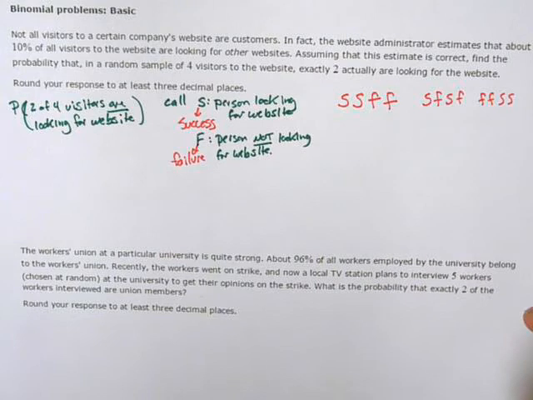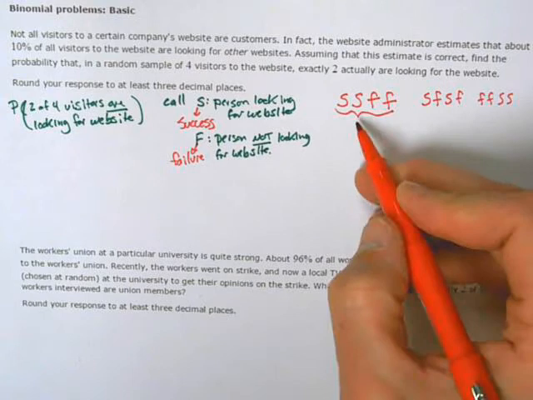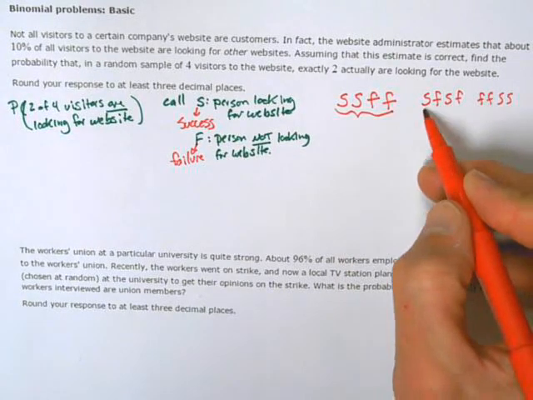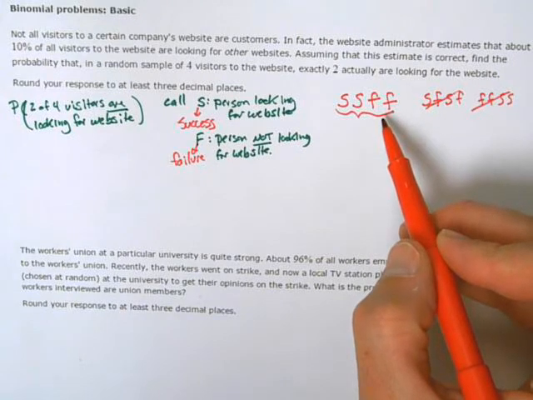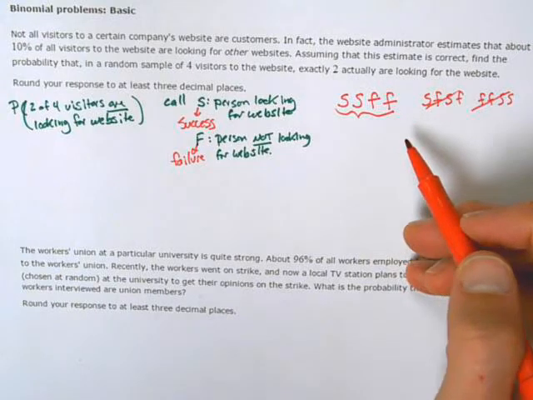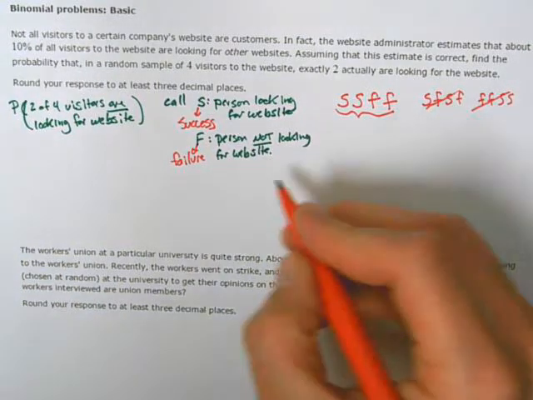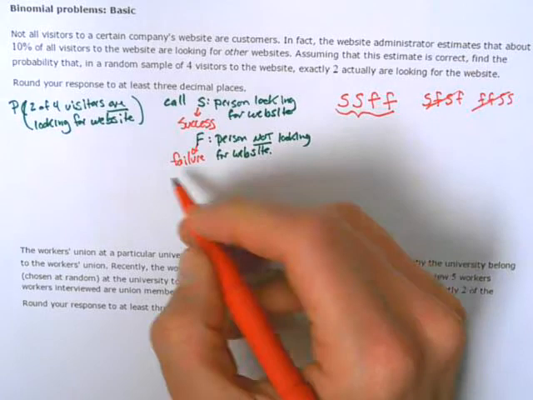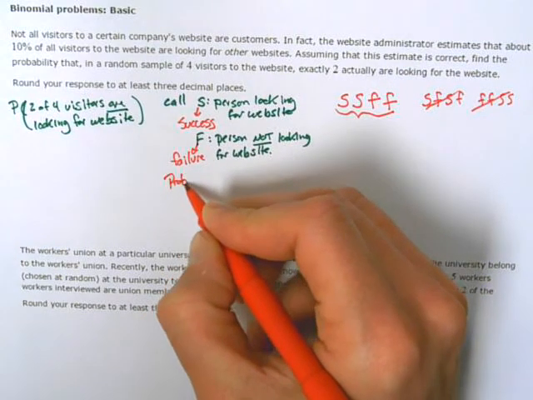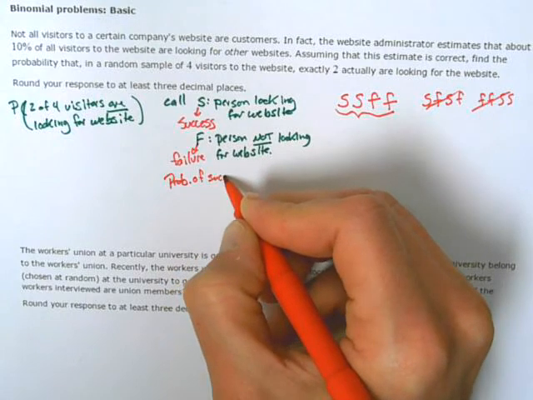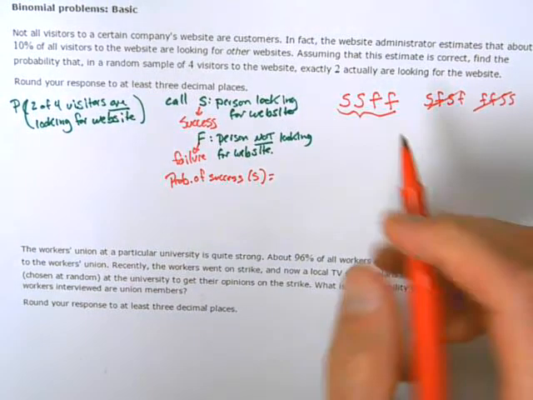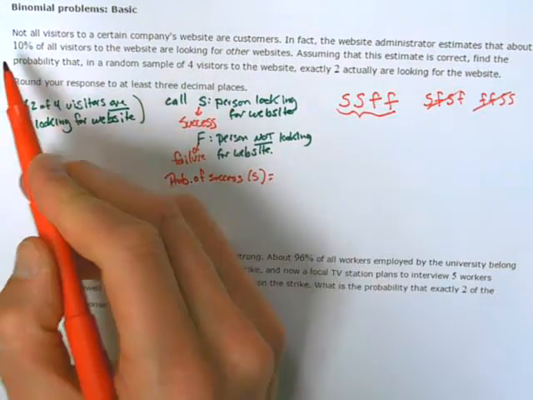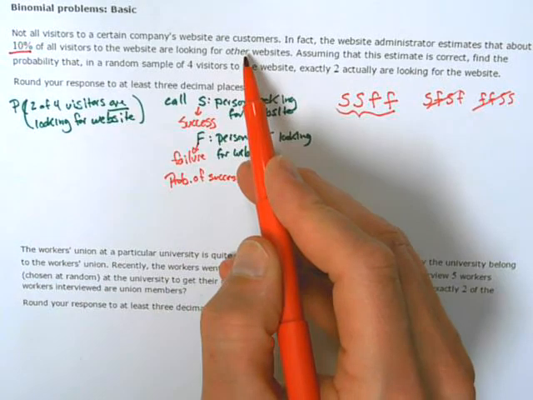So let's just focus on the first one and see if we can calculate, in just this one case, not worrying about the other ones, the overall probability here. Well, I think you would agree that the probability of a success, or an S, is, let's see, it tells us here that 10% of all visitors are looking for other websites.